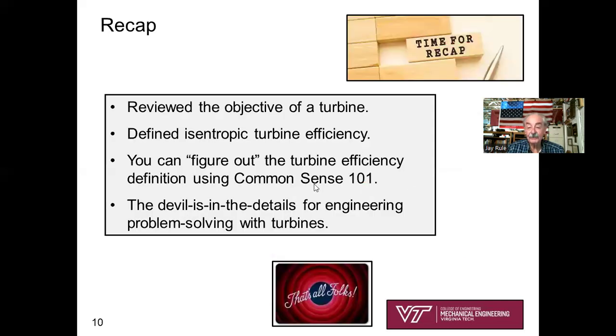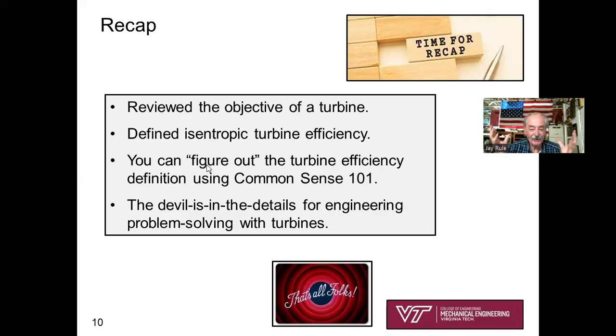All right, so we have reached the recap. We've reviewed the objective of a turbine, and that's to produce power. The objective of a turbine is to produce rotating power, whether it be a steam turbine or the turbine section of a gas turbine engine or the turbine section of an automotive turbocharger. We have defined isentropic turbine efficiency, and my claim is, rather than writing it down as a formula, you can figure out the turbine efficiency using Common Sense 101.